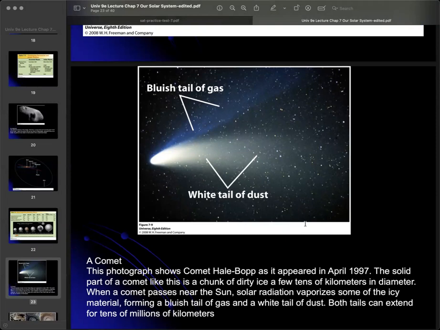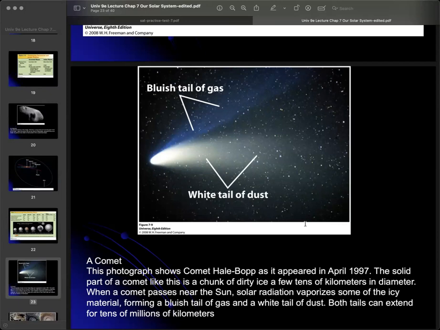Usually people think that there is one tail, but when we look with very powerful telescopes with very good imaging, we can see there are actually two tails. One is a bluish tail that is made up of gas, and another white tail that is made of dust. The bluish tail actually has ions. Ions are charged particles.